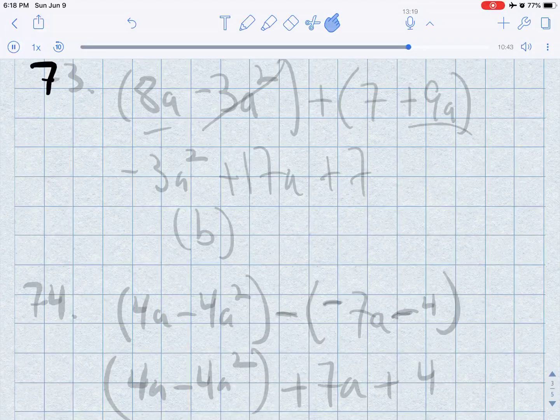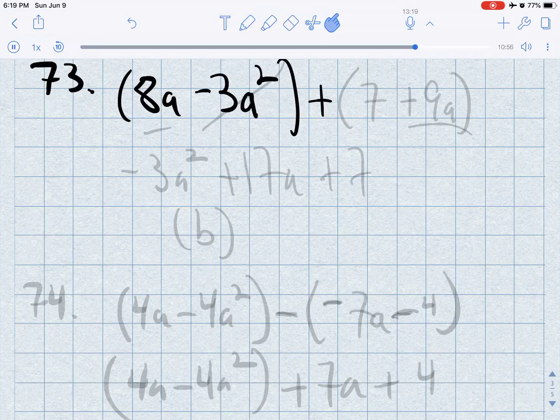73. We're out of the scientific notation now. 73, we have 8a minus 3a squared plus 7 plus 9a.